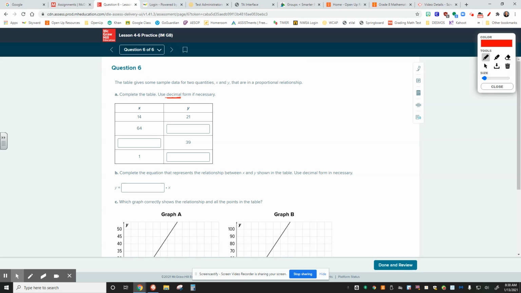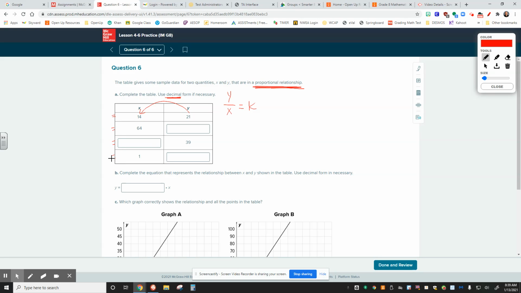Before we do that, I should point out this is a proportional relationship. And what do we mean by a proportional relationship? Well, we mean that y divided by x is equal to k. And that means that this divided by this should equal the exact same thing all the way through the table.